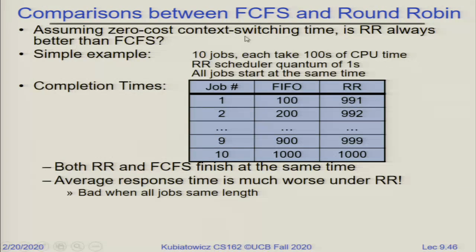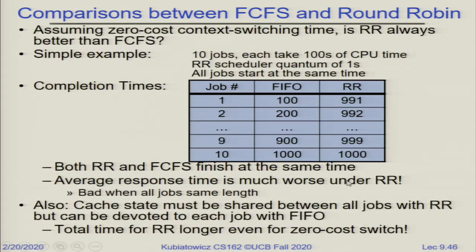Here's what things look like at the very end. If you think it through, we're going to have exactly 1,000 times quanta when we're all done. And what you find is that in this instance, FIFO is actually much better on our parameters because we're not wasting all this time switching. Because some jobs, like job 1, gets done early.